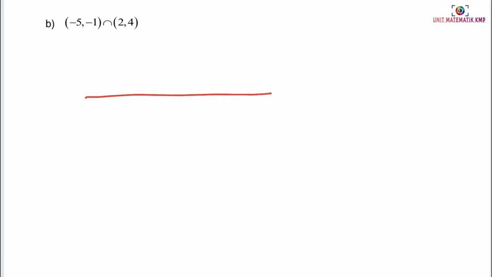From both intervals, from smaller value to higher values are -5, -1, 2 and 4. We mark here -5, -1, 2 and 4.